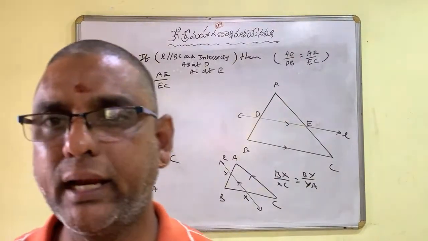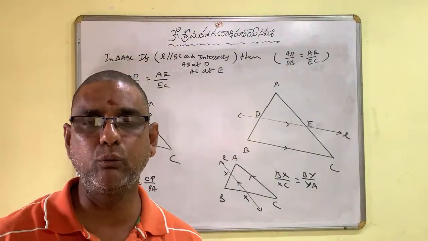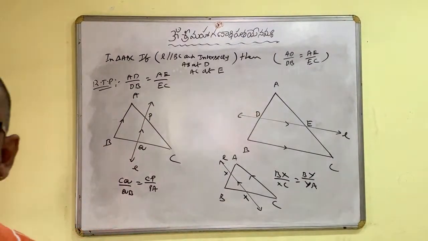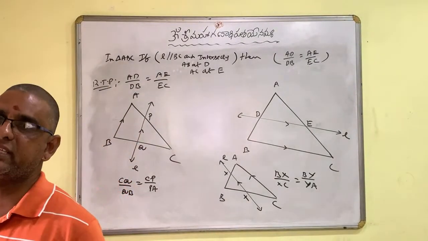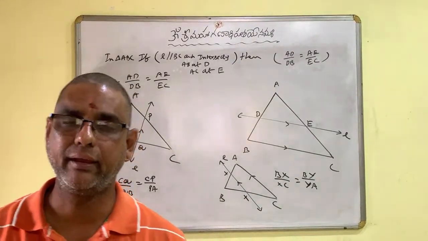So your line may be either parallel to BC, or parallel to AB, or parallel to AC. You can take it in any way.